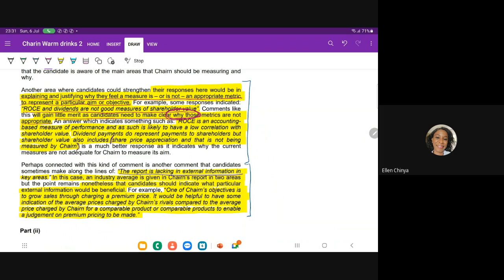An answer could indicate that return on capital employed is an accounting-based measure of performance and as such is likely to have low correlation with shareholder value. Dividend payments do represent payments to shareholders, but shareholder value also includes share price appreciation, and that is not being measured by the dividend. That is a much better response, as it indicates why the measure is not accurate.